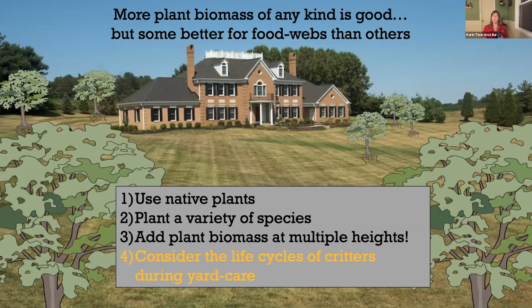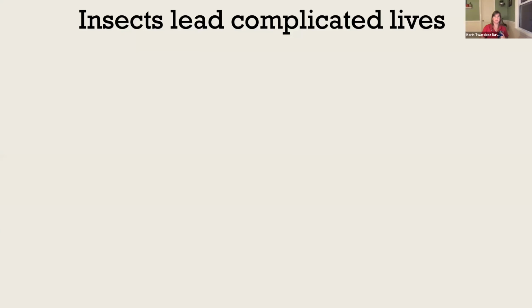But I think we're getting better at adding some of these native plants. And I worry that potentially we might not be considering some of the other parts of their life cycle that are really key to them having populations that are able to sustain themselves. So what do I mean by that?